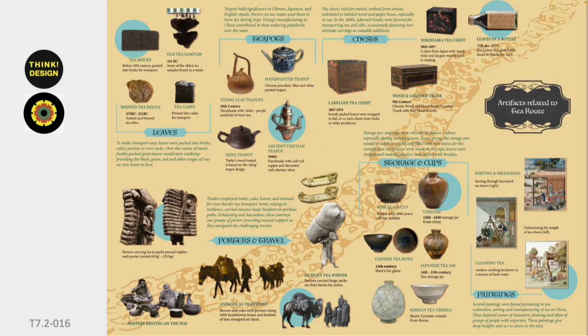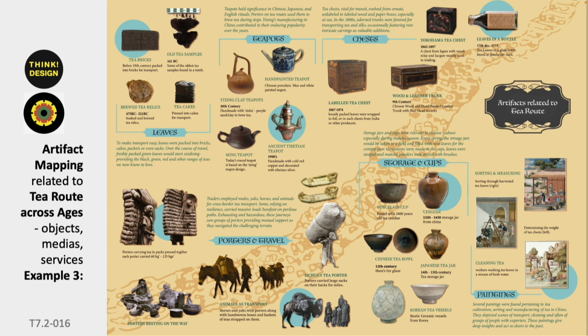Or for example, here, this is actually the tea route across the ages, and you can see the artifacts connected with that, the media connected with that, the services connected with that, mapped in quite a lot of detail in this map. You can see the chests and vessels which are used for tea making, chests for storing tea, and the media, the paintings and things like that which came out of that.